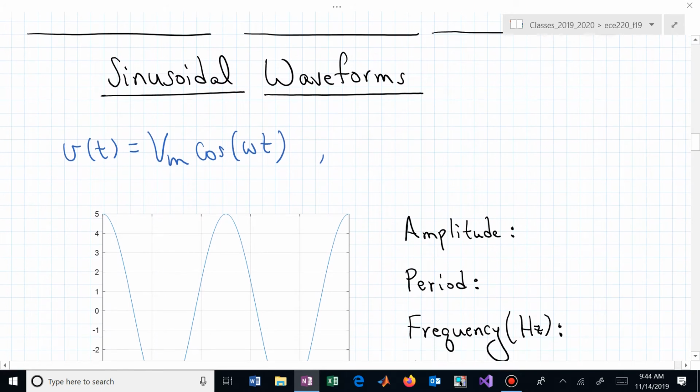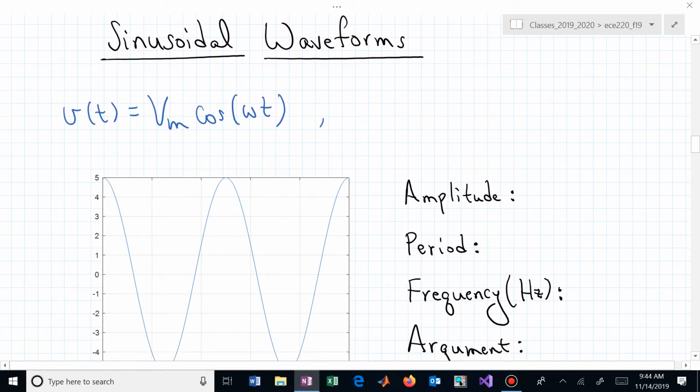So now I've tried to motivate why we're interested in sinusoidal steady state, let's now dig in a little more deeply into sinusoids. We have voltages. Let's say V of t is V sub m cosine omega t. I could also have a current, I of t.